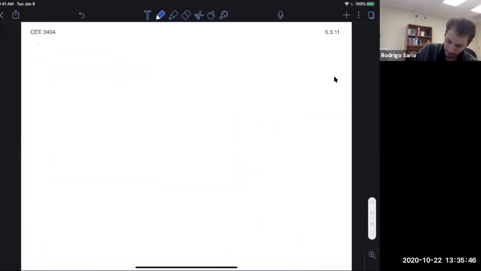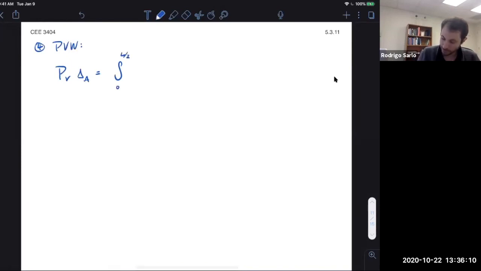So step 4, principle of virtual work. PV times delta A is equal to the integral from 0 to the end of my first section, right?